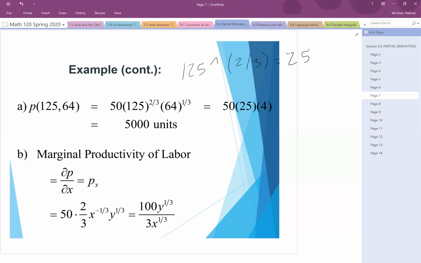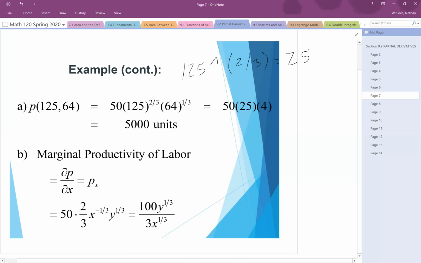So therefore 50 times 2/3 x to the negative 1/3 times our y to the 1/3. If we simplify that, 50 times 2 gives us the 100. We got a 3 in our denominator. We can take that x to the negative 1/3 and put it down. So it could be 100 y to the 1/3 over 3x to the 1/3.